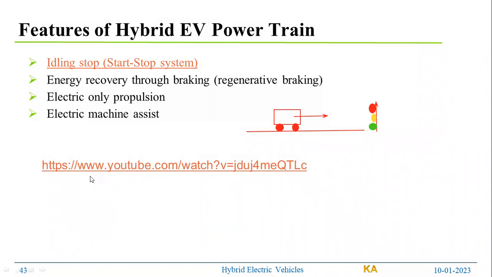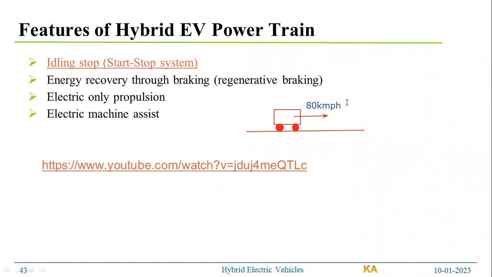So what exactly the energy recovery will do is, let us suppose the vehicle is traveling at some 80 kmph, and suddenly I have to stop this vehicle.